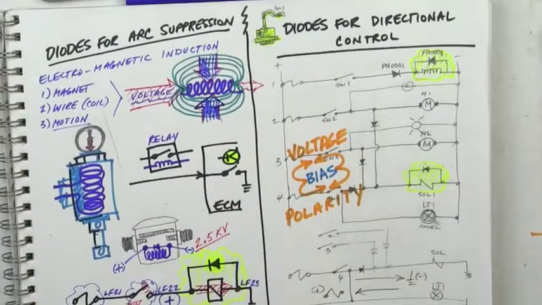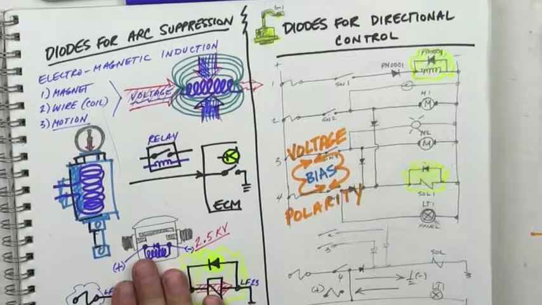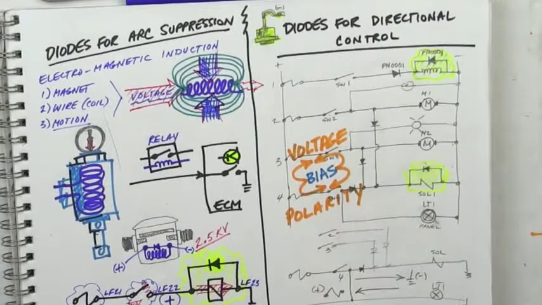Okay, so that's how diodes work for arc suppression, and that's how diodes work for directional control.